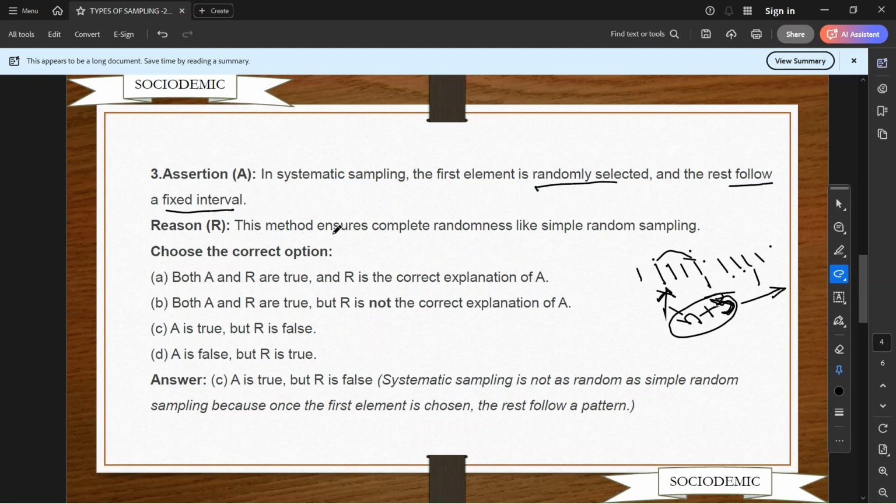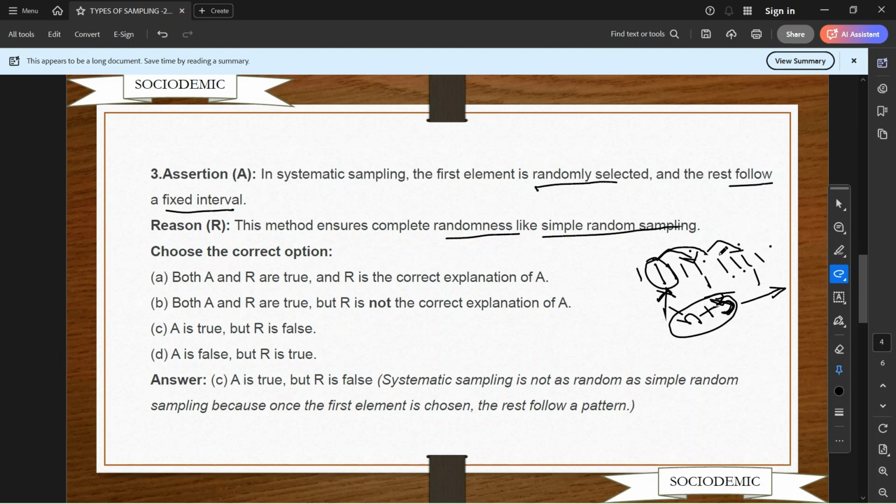Reason: this method ensures complete randomness like simple random sampling. No. Why? It is not complete randomness. Only the first one we select randomly, and later on follow some system. There is no complete randomness.